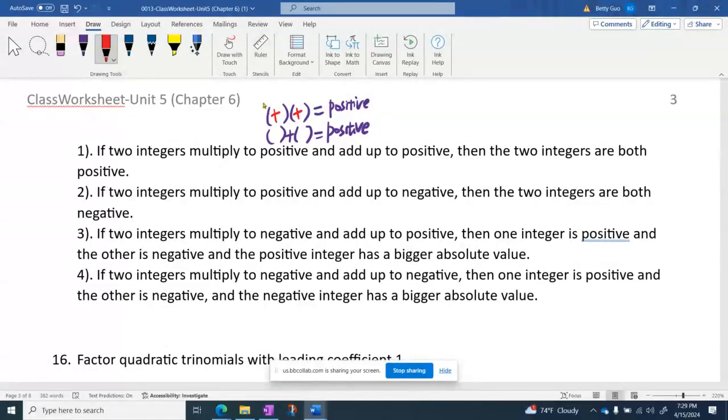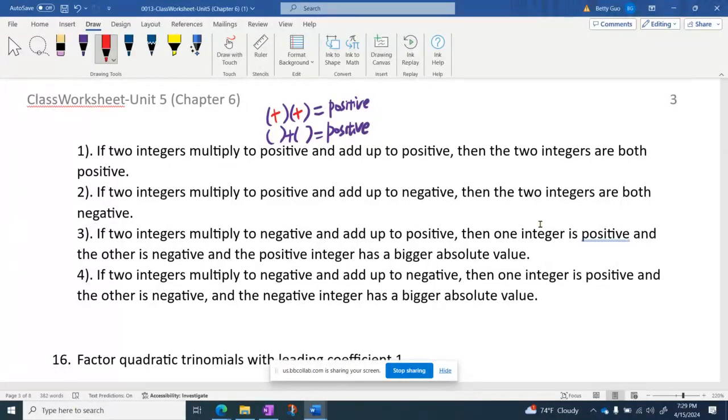Firstly, the 2 numbers have to be both integers. Integers are 1, 2, 3, 4, and so on, and negative 1, negative 2, negative 3, and so on, and 0, right? So here we don't really use 0. So it's either positive integers or negative integers. So for 2 non-zero integers, if we know they multiply to positive, the 2 numbers must have the same signs.